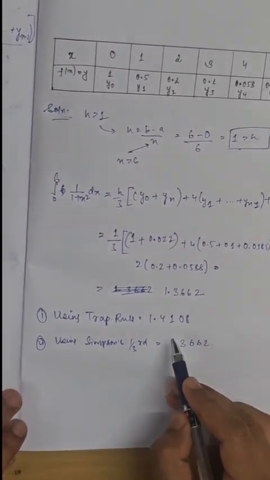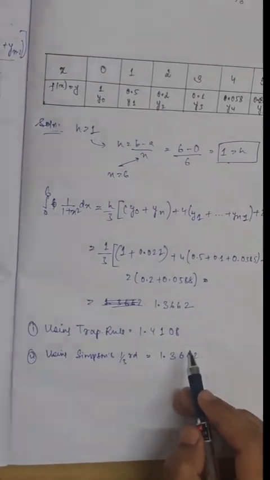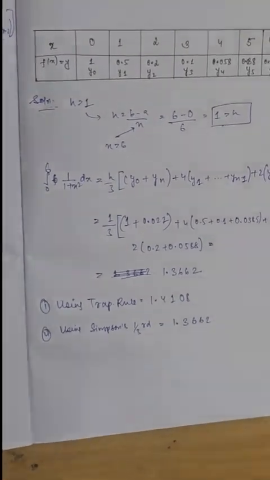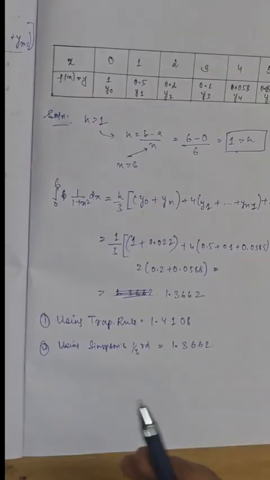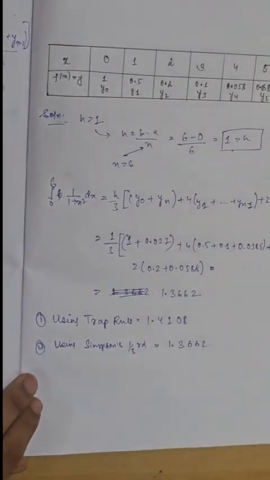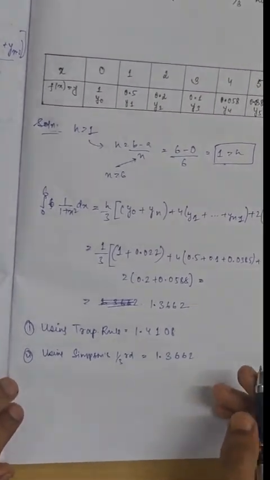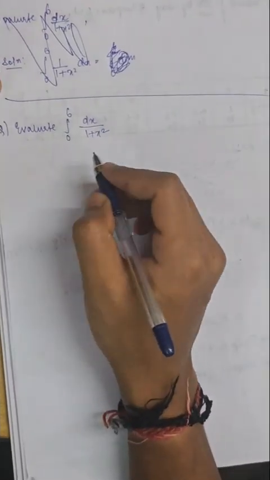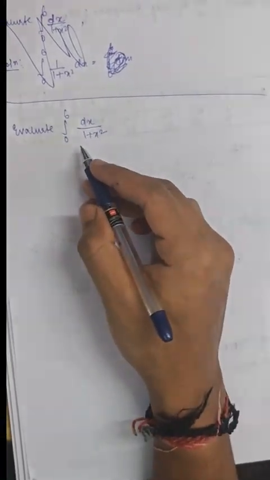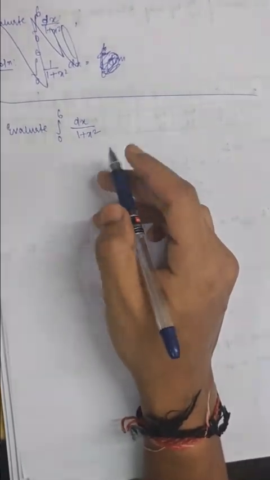So now let's find the percentage of error, or the more accurate value, by using our traditional way to solve a definite integral.